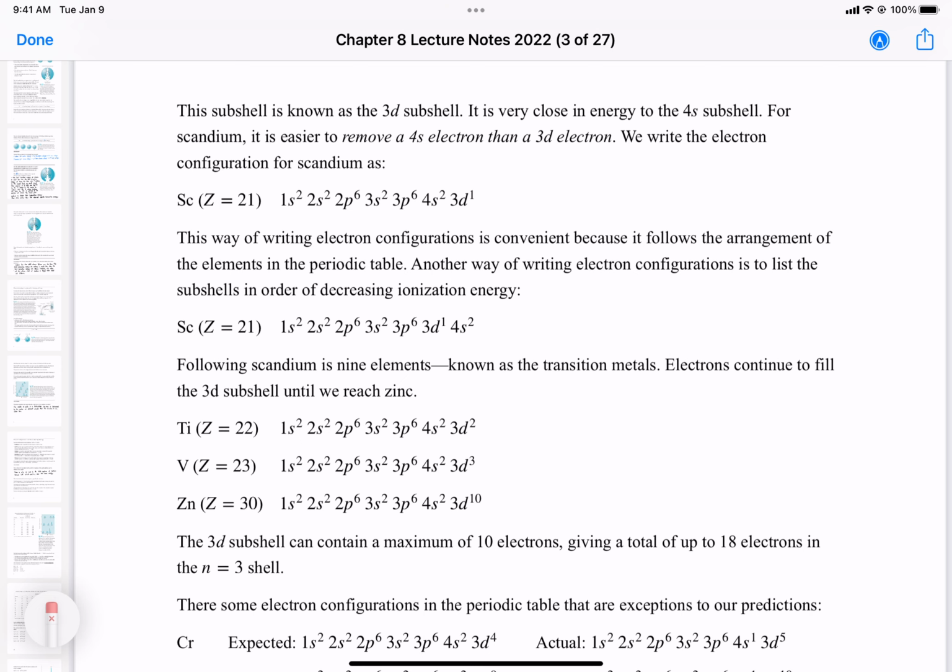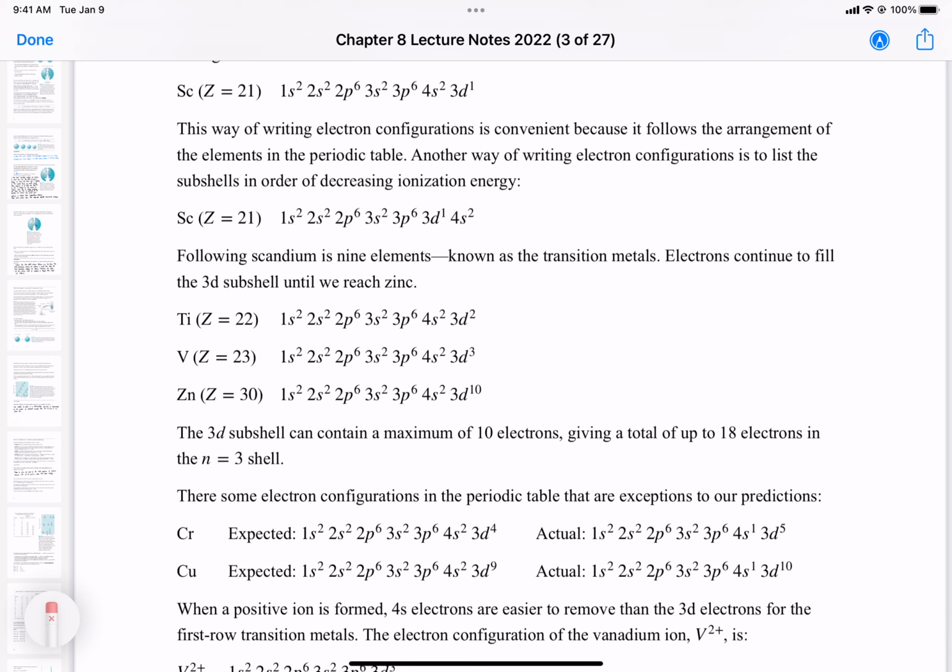So when we're going around some of these elements here, there's going to be some exceptions. So for chromium, we would expect this configuration, 4s2, 3d4, but the actual configuration is where everything is half filled.